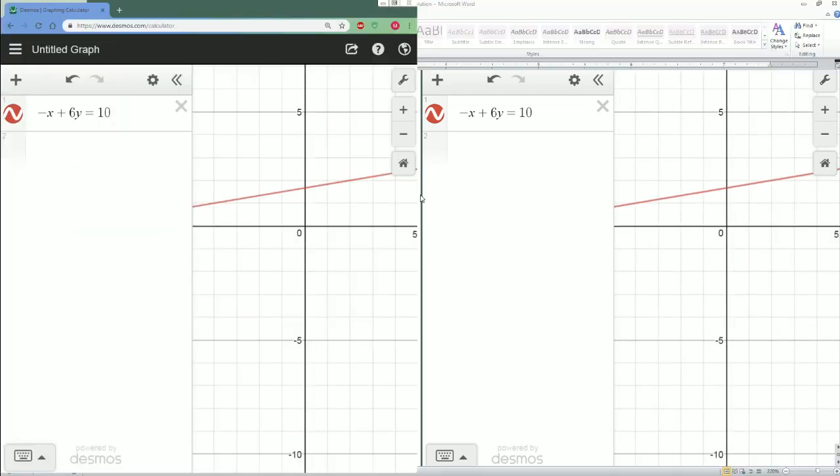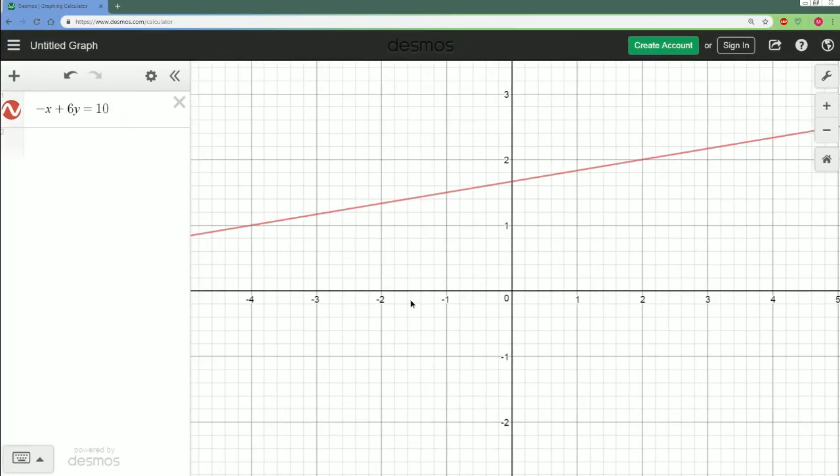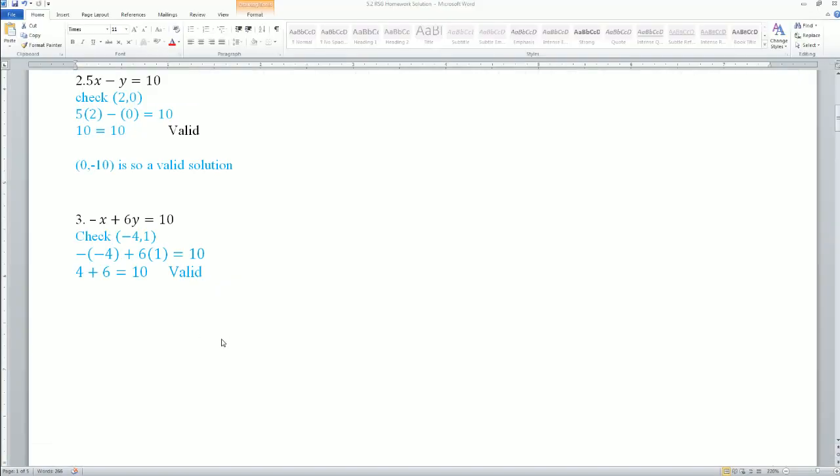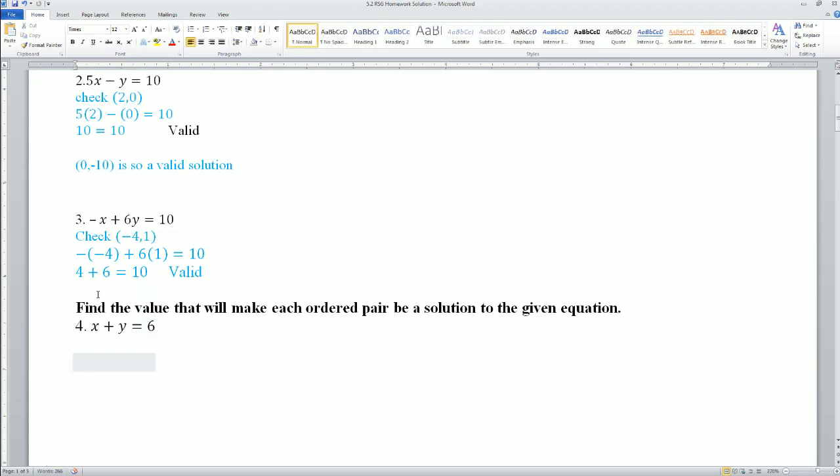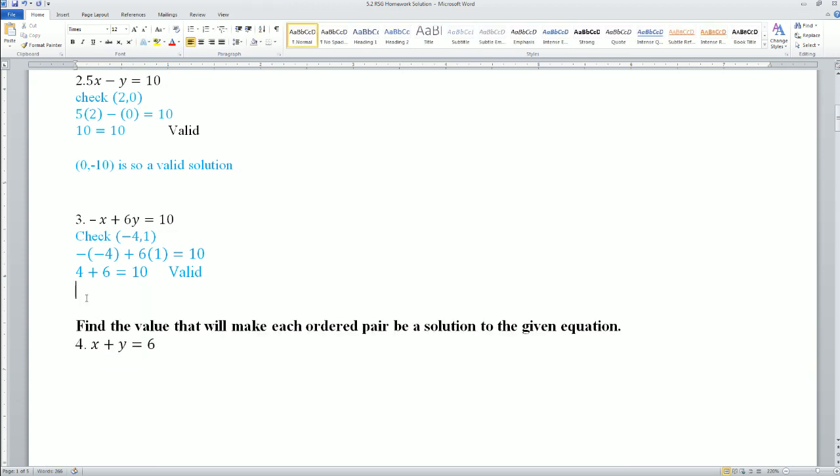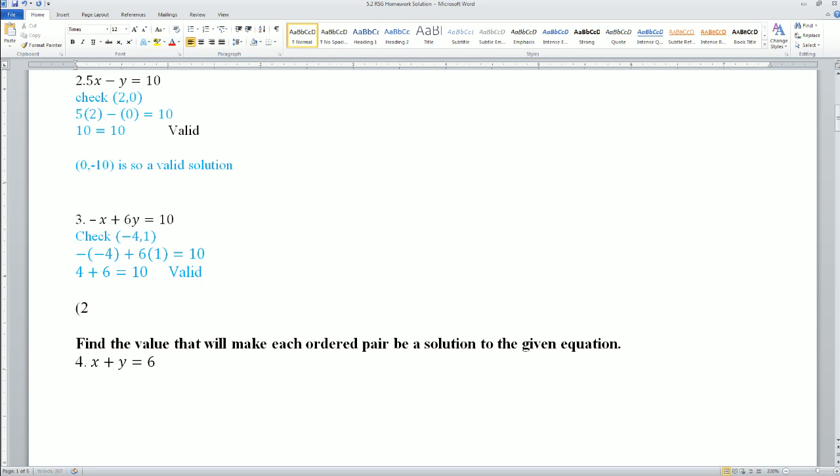So it seems like the only ones that are valid for this one would be negative 4 comma 1, which is A, and right here, 2 comma 2, which is C for number 3. So notice that 2 comma 2 is also a valid solution.